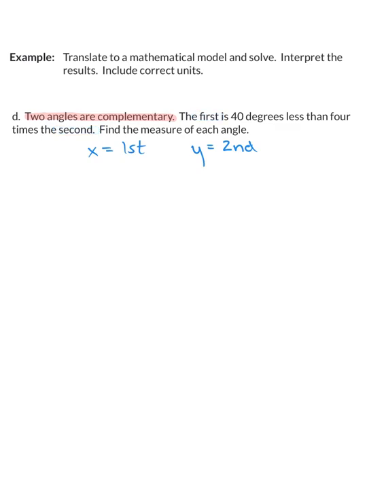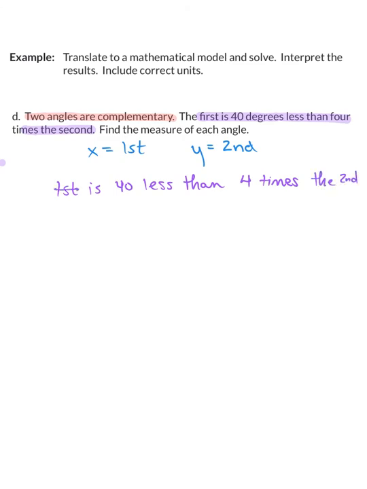Okay, so now the next thing that we want to do is go ahead and translate the other part of this. So we have the first is 40 degrees less than 4 times the second. So if we were to write that out, we have the first is 40 less than 4 times the second.